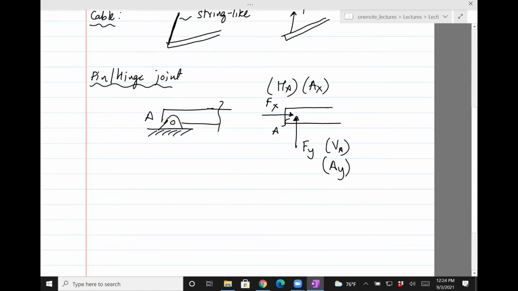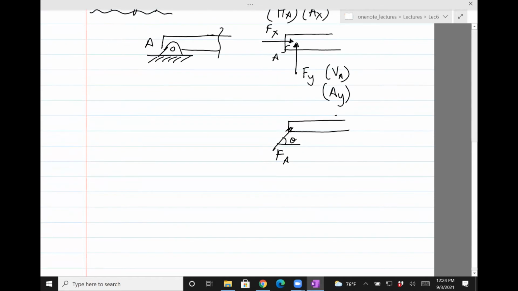The other way you can show this force is by a force F, with a magnitude and an angle. So FA is fine, because that FA can be resolved into a vertical and a horizontal force, and that's a perfectly fine way to represent the pin joint force.